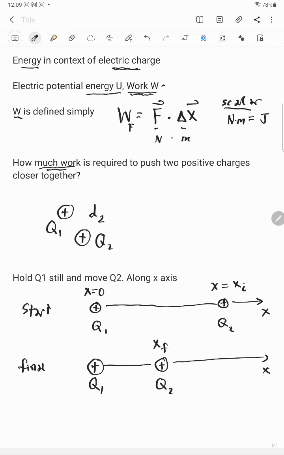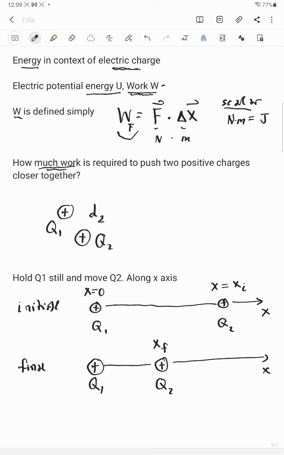So let's call this the initial configuration, and this is the final configuration of the charges. And the idea is the work is what caused the change. The work done causes this change in configuration.